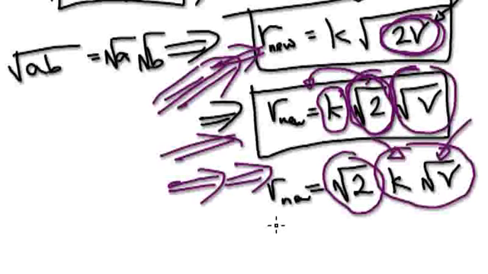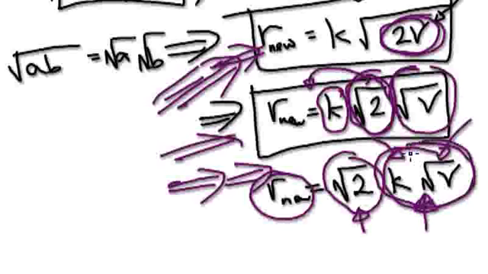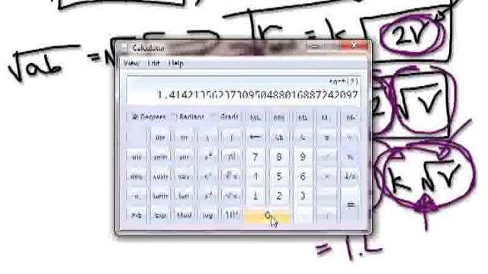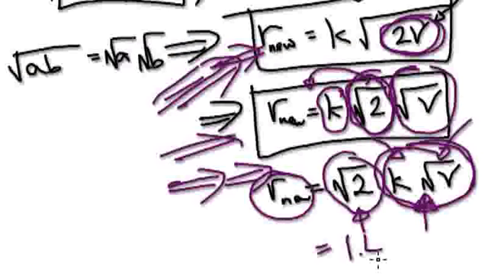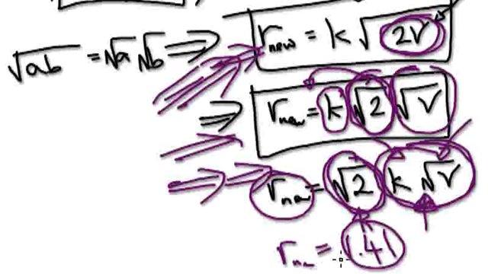So what you can see is that the new radius is going to be root 2 times bigger than the old radius. If you get a calculator and do root 2, it's going to be 1.41. So the new radius is going to be 1.41 times bigger than the old radius, k root v.